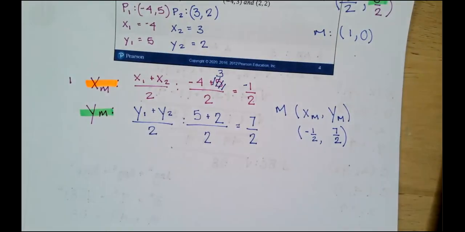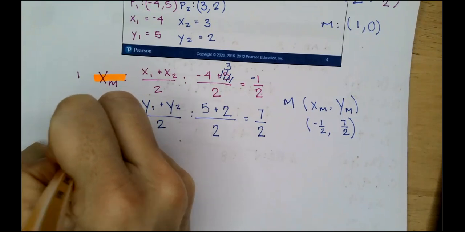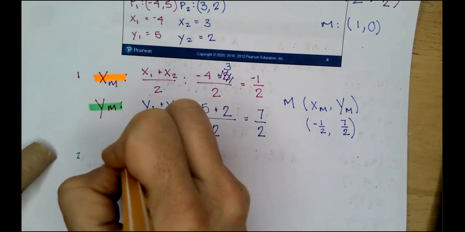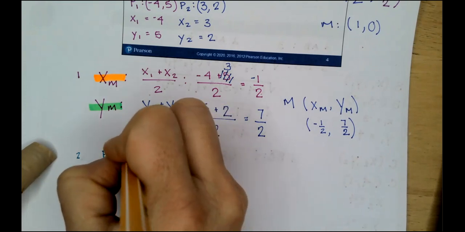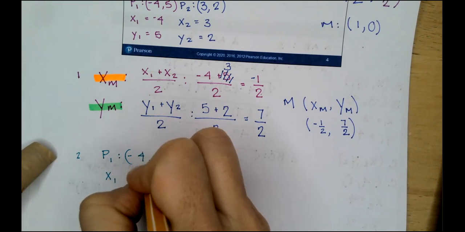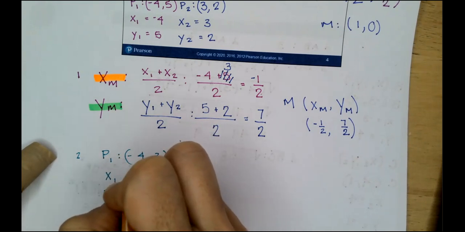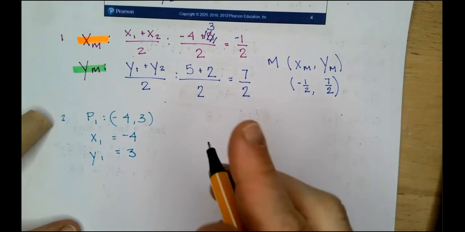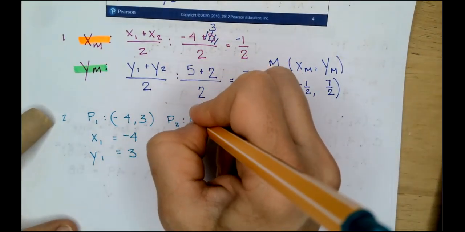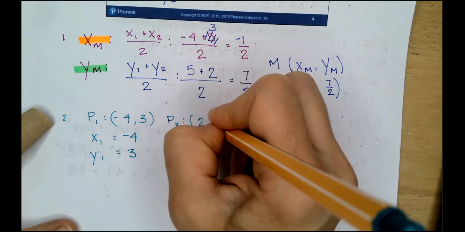All right, next example that I'm going to get 100% right this time: P1 is -4, 3. So x1 is -4, y1 is 3. My P2 is 2, 2.